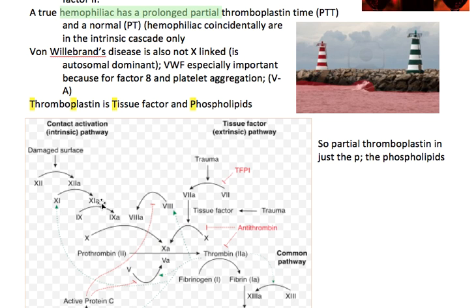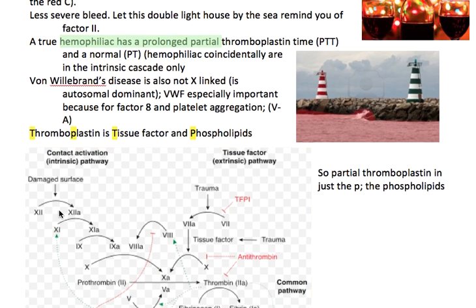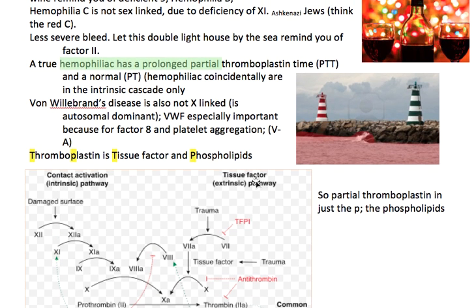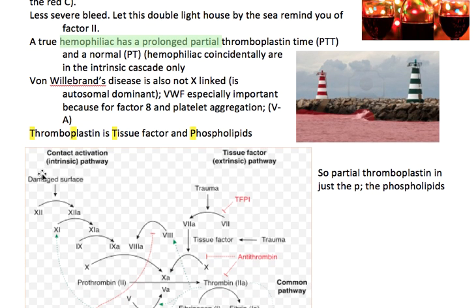You notice that all these are grouped within the intrinsic pathway, and therefore they are going to affect the PTT, the test for intrinsic clotting, and they are not going to affect the PT test, which is, as you recall, a tissue factor and phospholipid test. So tissue factor and phospholipid are added, and that initiates this aspect of the cascade, whereas over here you add phospholipids and you initiate this intrinsic pathway.